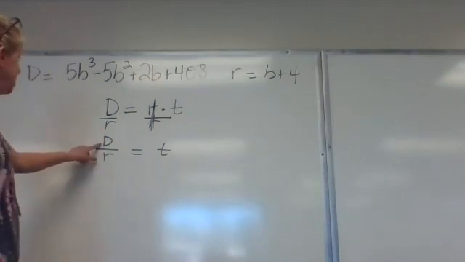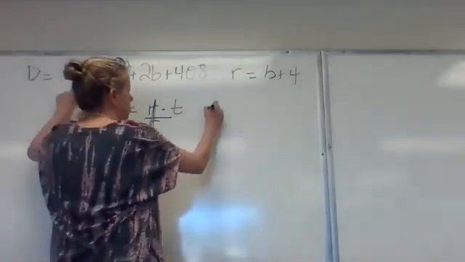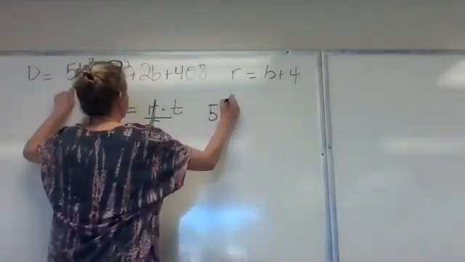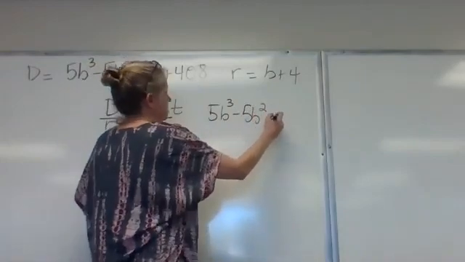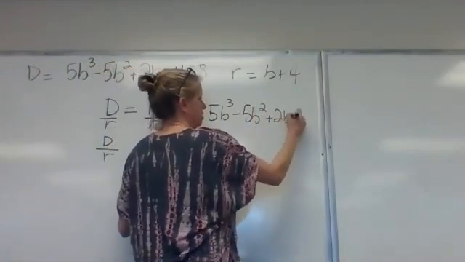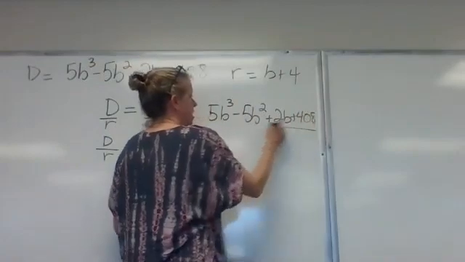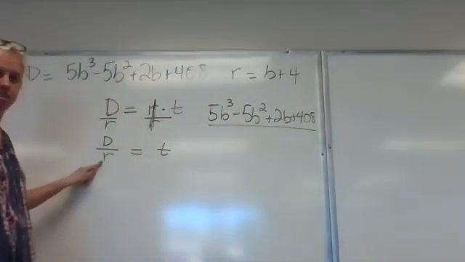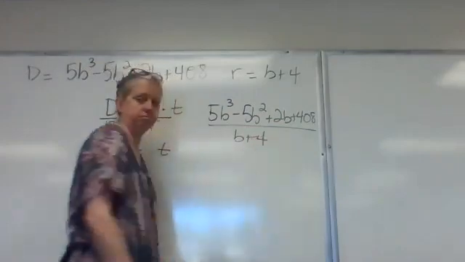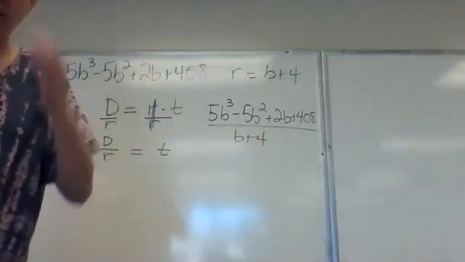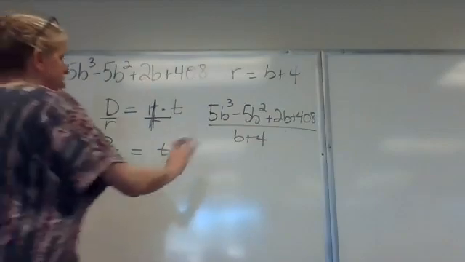So let's see, my distance, I do know that. It's 5b to the third minus 5b squared plus 2b plus 408. And I also know the rate is b plus 4. So let's set up our long division with that.